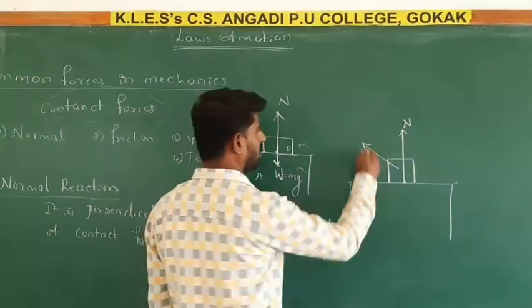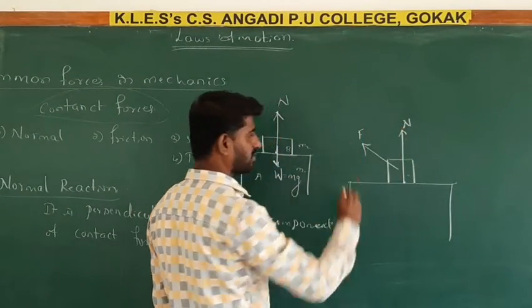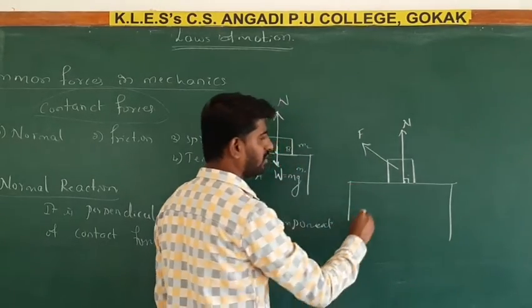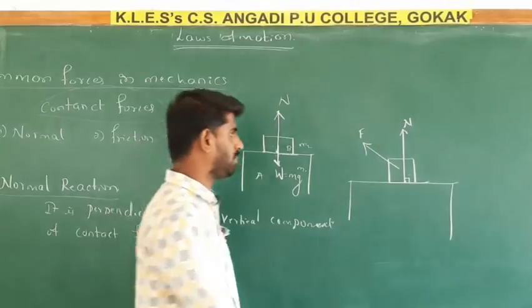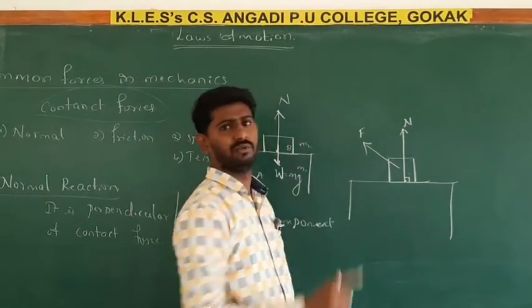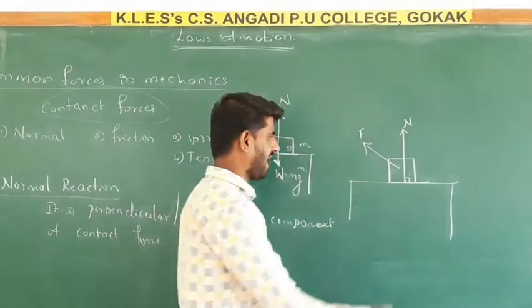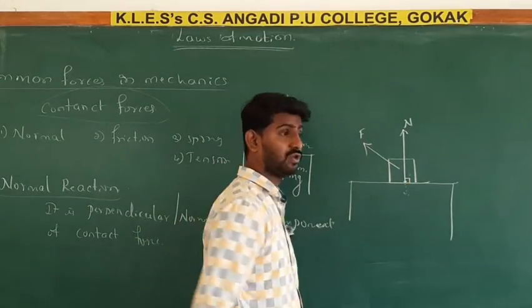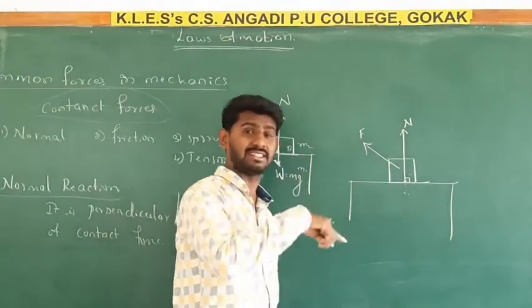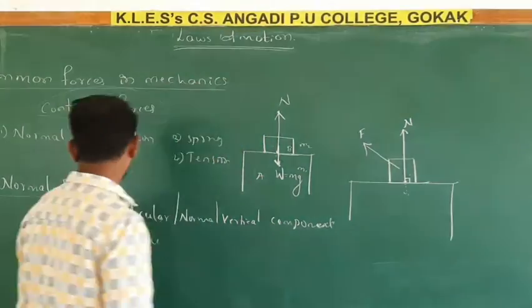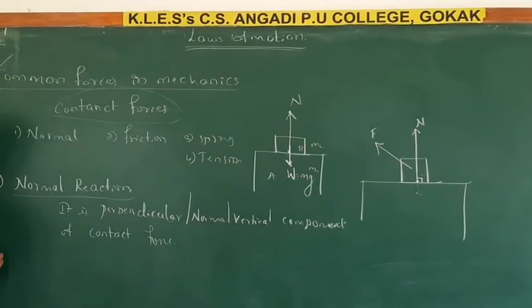So this is the applied force, and this is the normal reaction. It is always perpendicular to the surfaces which are in contact. It is always equal and opposite to the weight if it is a horizontal surface. If it is an inclined surface, it changes. I'll explain that.